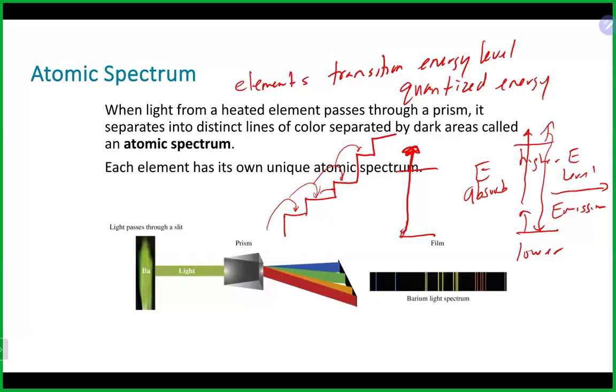Now, just like when people walk stairs, some people do one step at a time, some people can maybe do 2 steps at a time, 3 steps at a time. But electrons could also travel multiple energy levels at a time, upwards or downwards. They don't always just go to the next energy level.